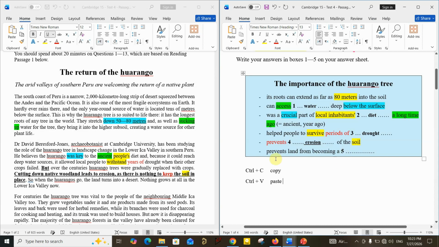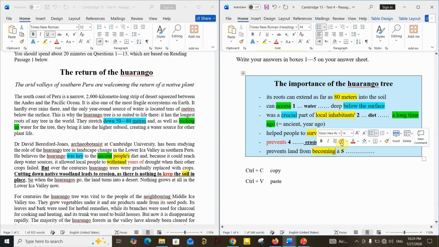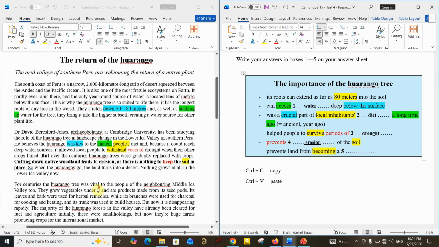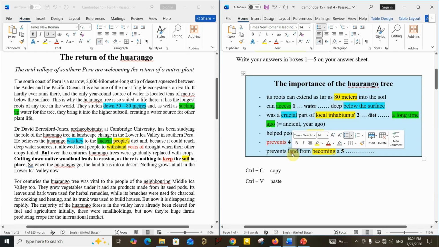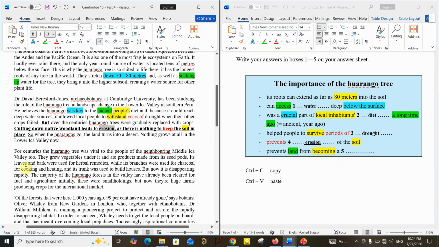Question number 5, prevents land from becoming a what? After a, we need a singular noun. Becoming something. This could be great. And it's related to the land as well. For centuries, the Horango, of course, the next sentence.